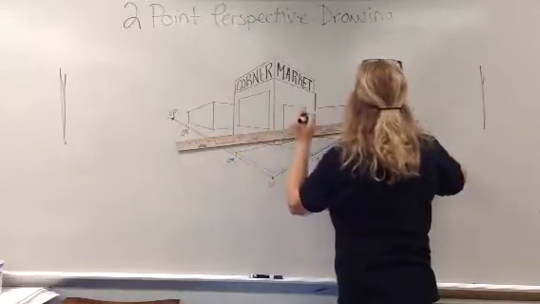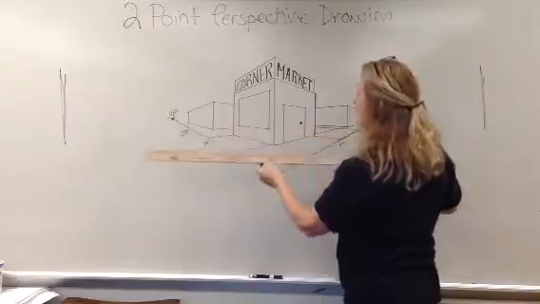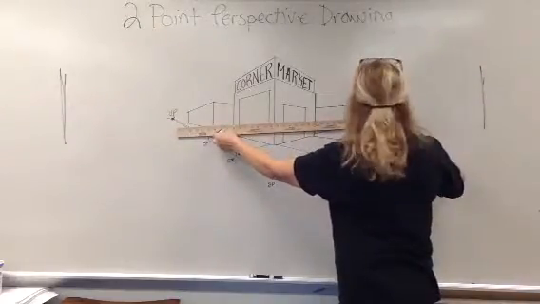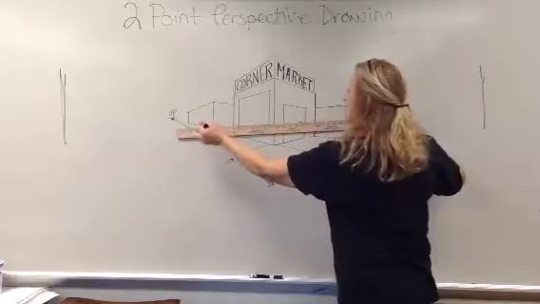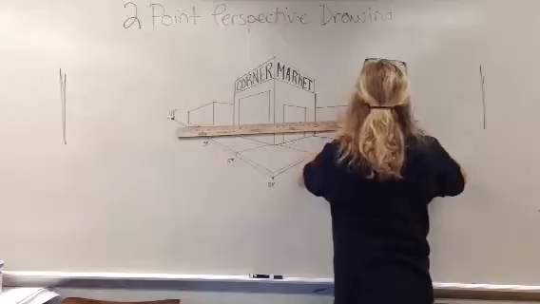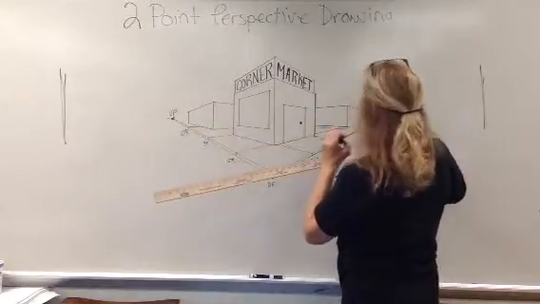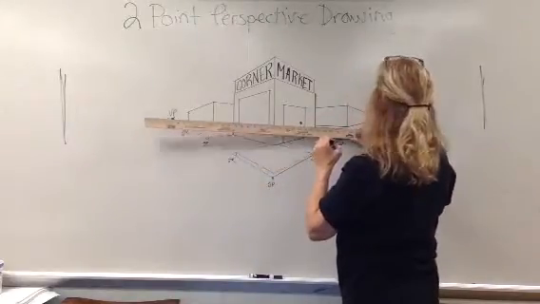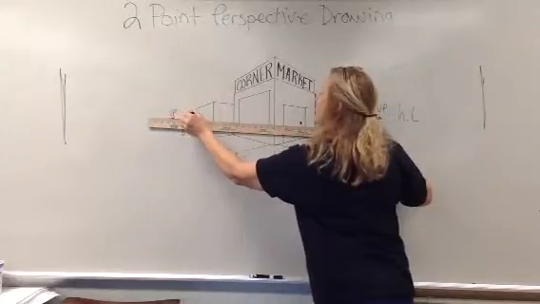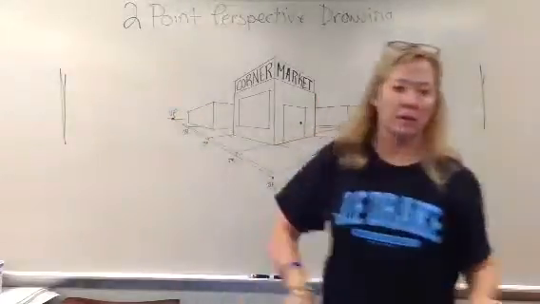Just make sure you don't have any up there. Okay, and then the last one that we have up here. Okay. This one, go all the way across. There you go. Now you got yourself a sidewalk.